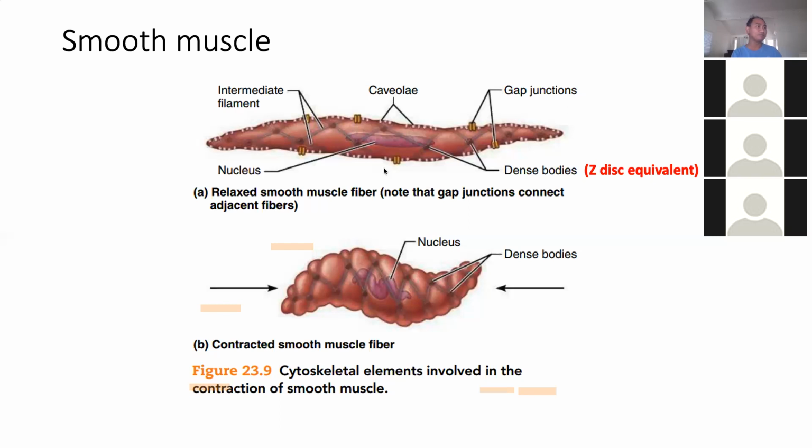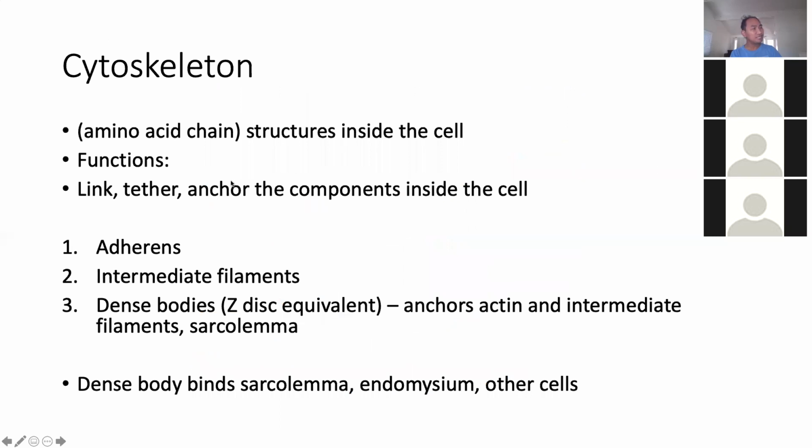nervous stimulation. So cytoskeleton, what is a cytoskeleton? It is a structure inside the cell which is made of amino acid chains. Its function is to keep everything in order together. It's just like a framework of a house, framework of a human body, the same thing, a framework of a cell, that is called cytoskeleton, which links, tethers, and anchors all the components inside the cell.